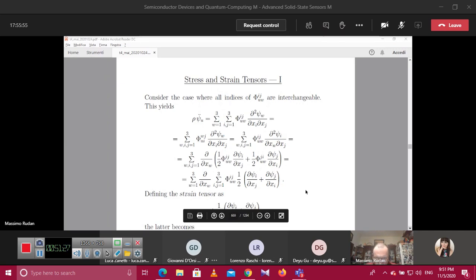Okay, so we resume the discussion. Now that we have understood that the indices of the elastic tensor are all interchangeable, we can exploit this property to simplify the expression of the dynamic relation.